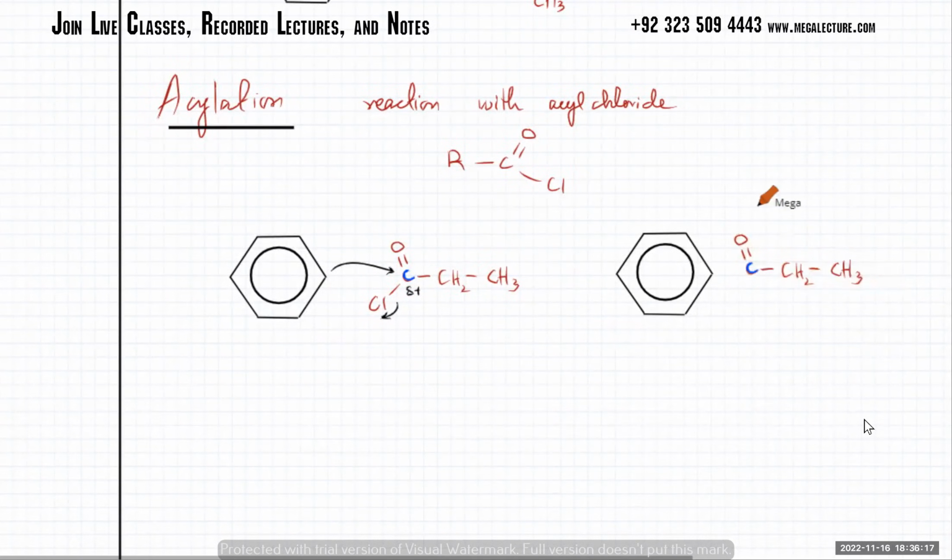ठीक है? So this is where the benzene is going to join in, and HCl is going to be produced as well. I say HCl is going to be produced as well.